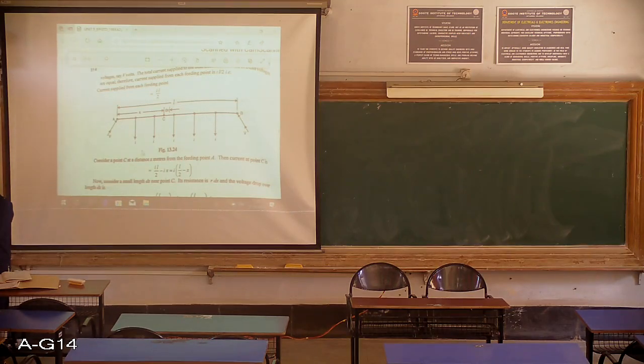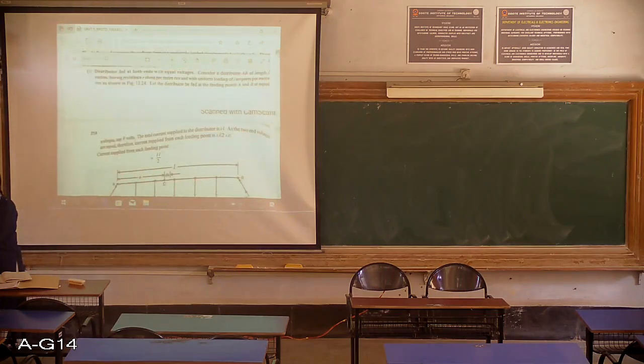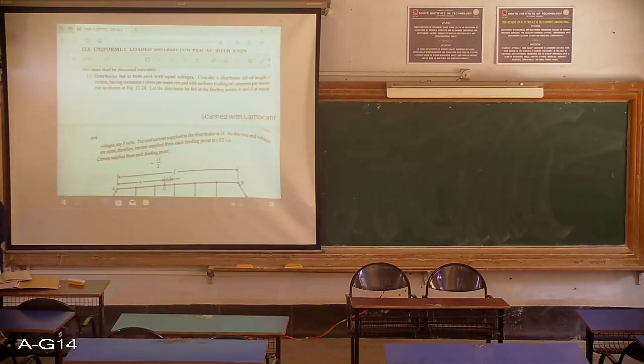Current at point C will be I into L by 2 minus I into x. Clear? Half of the points I have taken as C. Just read the statement here on top so that it is clear. Consider a distributor AB of length L meters having a resistance r ohms per meter run.